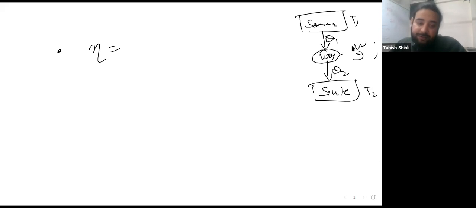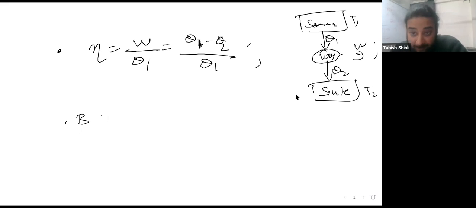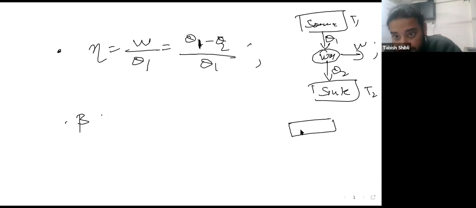This was a Carnot cycle, so the whole heat engine cycle looked like this. Here how did we define the efficiency? It was defined as work done divided by heat input. So this was essentially Q1 minus Q2 divided by Q1. But beta, first of all, is defined for a different process. It's defined for an opposite process. So source you have here, you have sink here, and you have work done here.